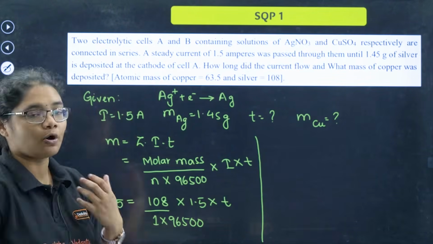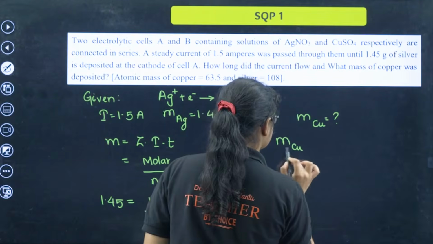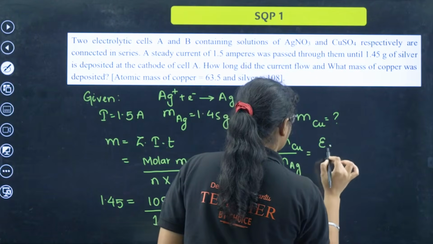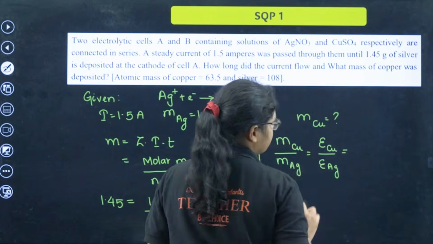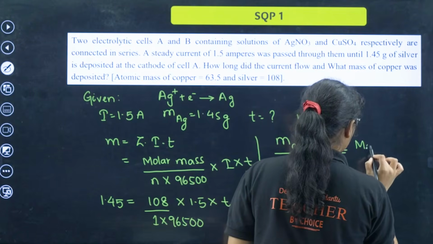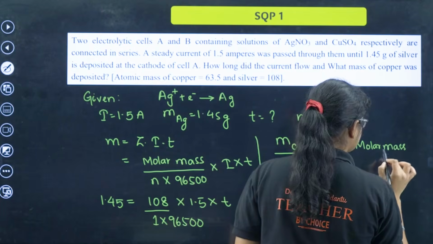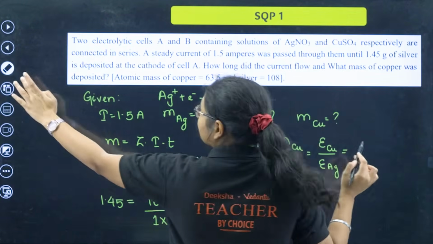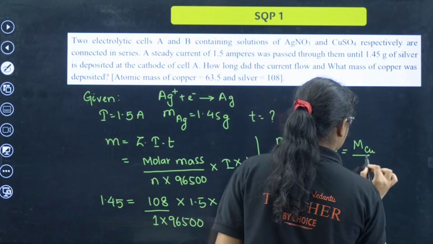What was the mass of copper deposited? If you want to calculate the mass of copper deposited from the mass of silver deposited, it will be the equivalent weight of copper by the equivalent weight of silver. What is the equivalent weight? It is the molar mass divided by n.